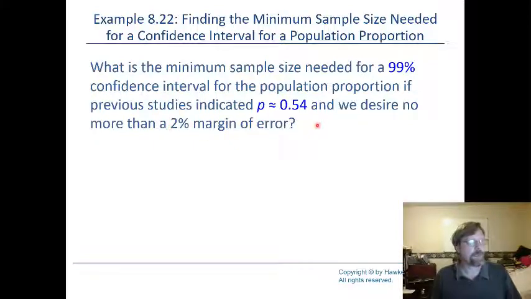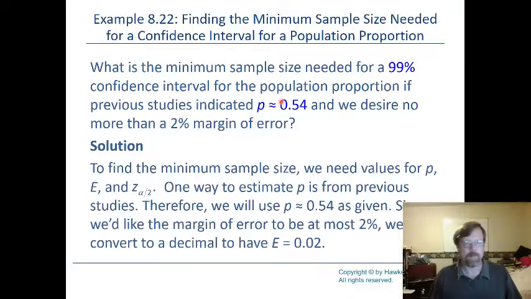0.54 is our proportion. Margin of error to be at most 2%. We'll convert that to a decimal as 0.02. So it's 0.54 plus or minus 0.02 is what we're initially estimating.